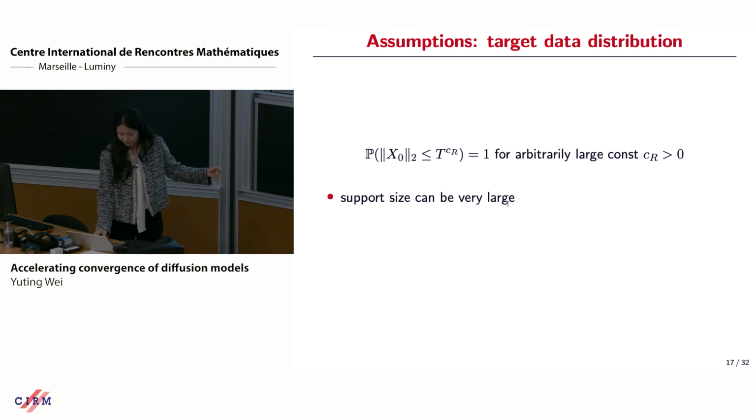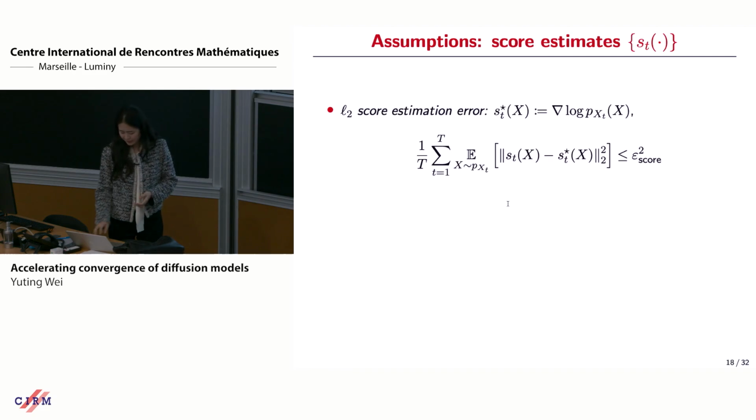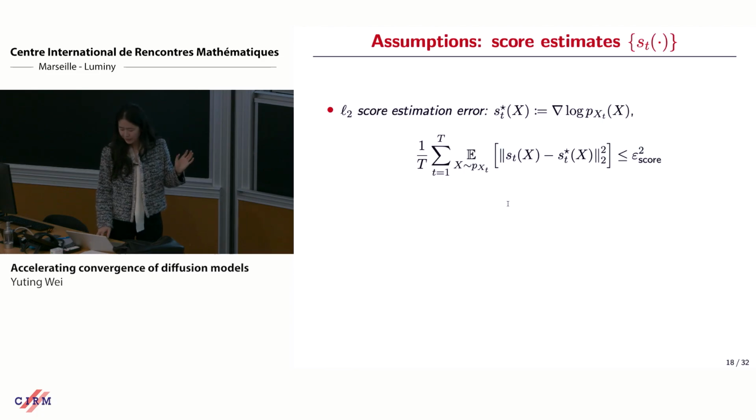And in fact, this is very general. We don't need any assumptions like log concavity, which is often assumed in the literature of diffusion models. And we don't require any smoothness assumption on the score function or the distribution. That's the only assumption that we make on the target distribution.